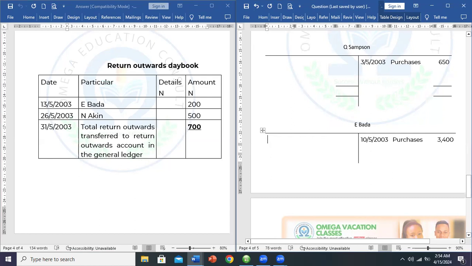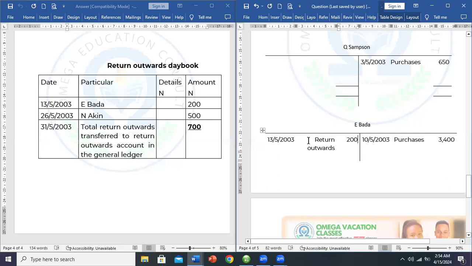13th May 2003. Return outwards. You put the amount there, 200. So that is it for Ibadah.